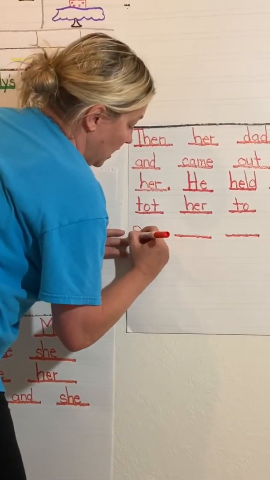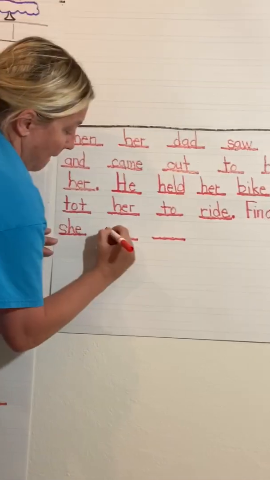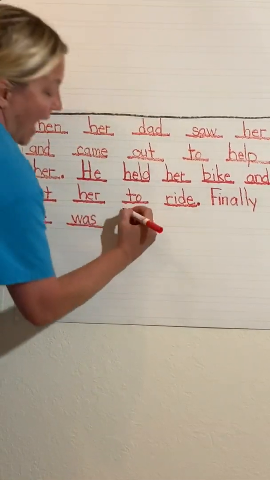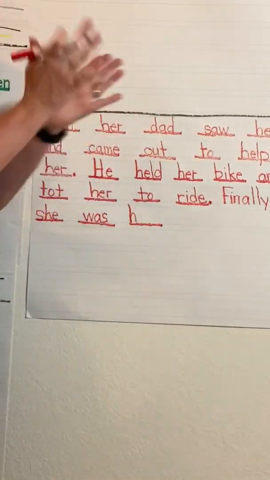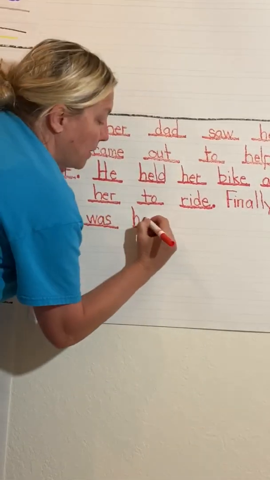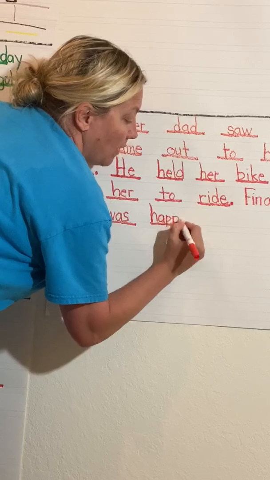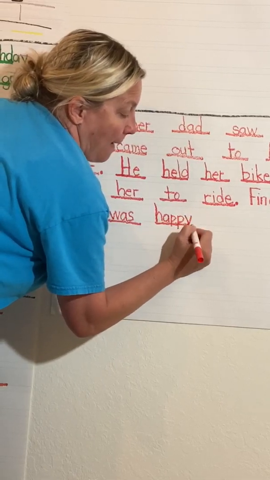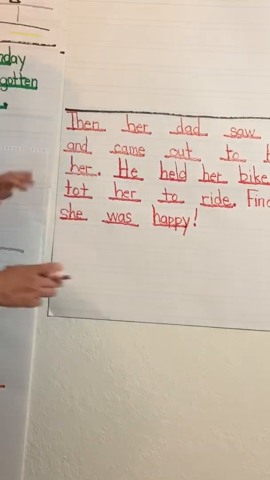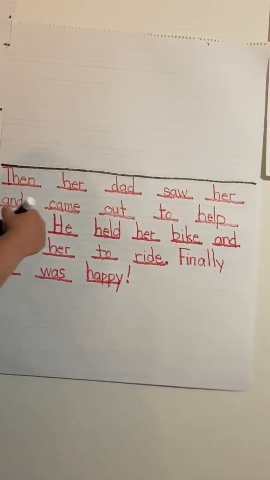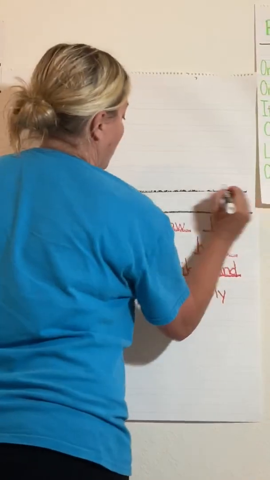So finally, she was, is that sight word that doesn't look like the way it sounds? Happy. So, let's clap it. Happy. So hap is first, hap, and then P. P. And what makes the E sound in the word? A Y, happy. And we can put an exclamation mark. And then you just got to make your illustration match what the words say. So again, there's a road.